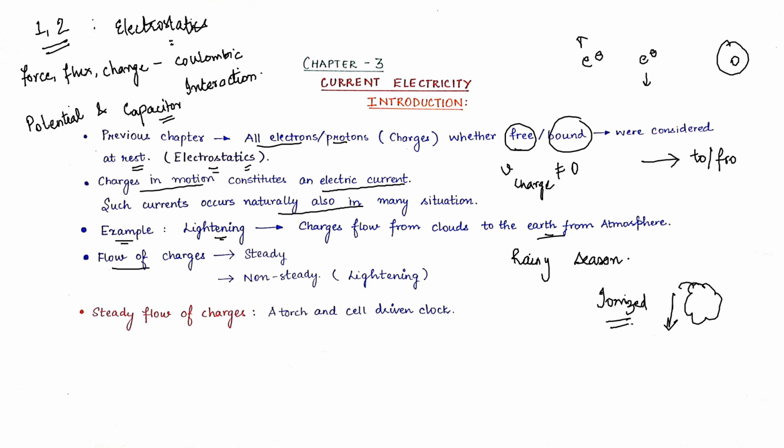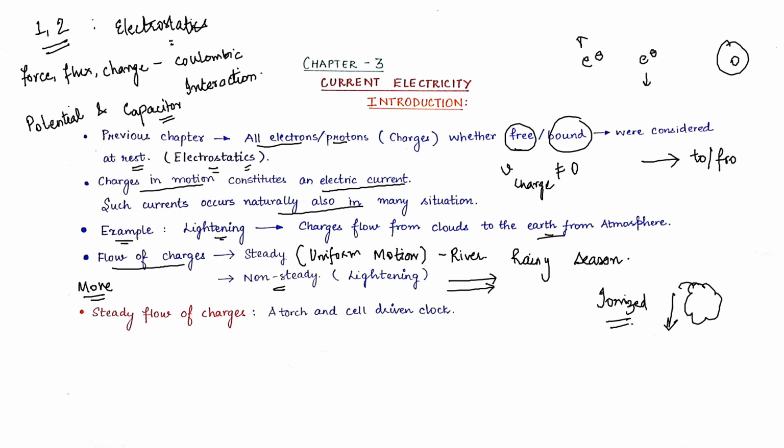Now we see that charges flow, charges move. So are charges moving uniformly always? No, they move both uniformly as well as non-uniformly. So what is the correct terminology for this? One is the steady state and the other is the non-steady state. Steady state follows uniform motion. Uniform motion can be seen in rivers, where water flows in straight lines, no turbulence is seen.